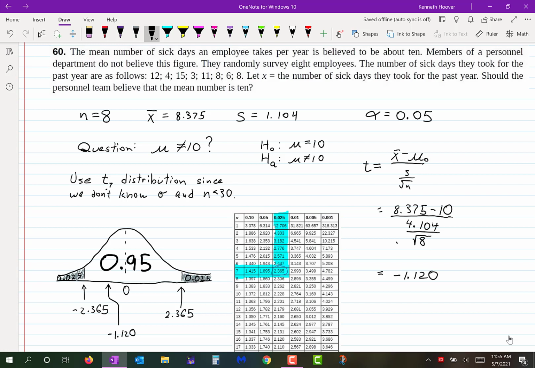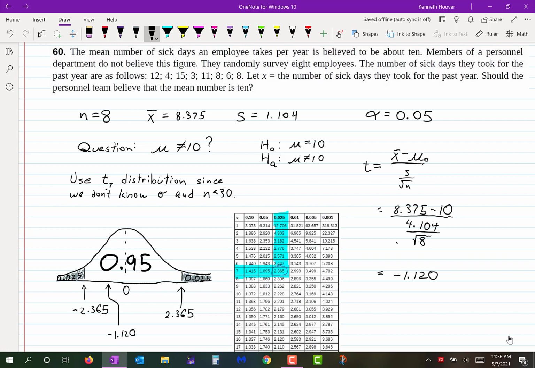So is that in the tails? No, it is not. So that means that it is in the range we would expect it to be if the population mean is 10. If the population mean is 10, and we took a sample of 8, and we got a sample mean of 8.375, that 8.375 is in the range that we would expect at the 95% level.